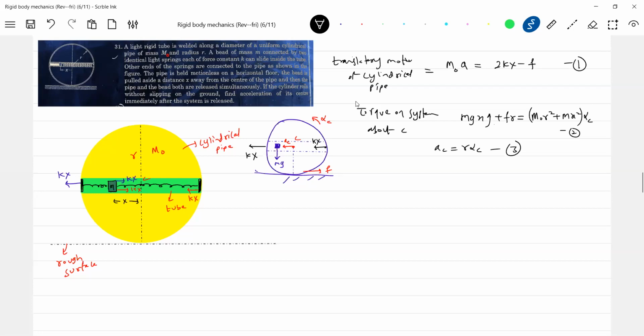The total system is rotating, sir. Oh, yeah. Okay, sir. Can slide inside the tube.